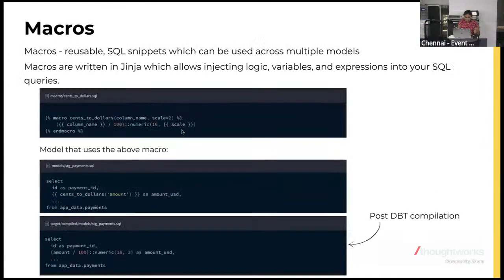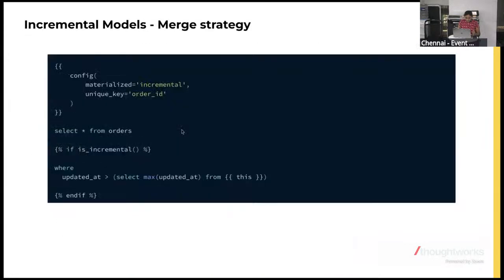So I have this logic. What happens is, the first time you run this, the target table that this model is going to create won't be available in your database, correct? In that case, this is_incremental will return false, because the is_incremental macro checks if that table is already there in your database.